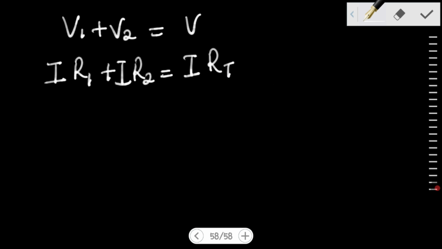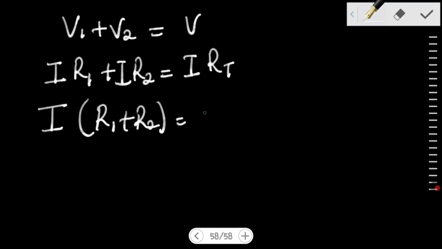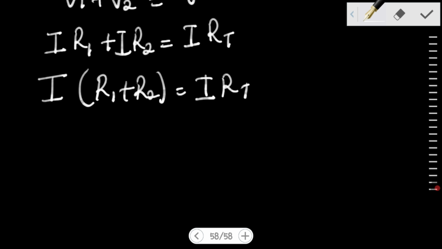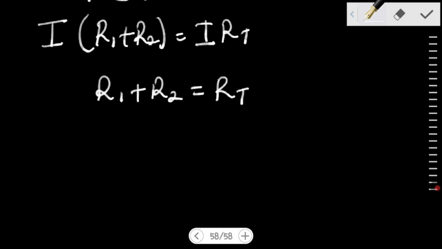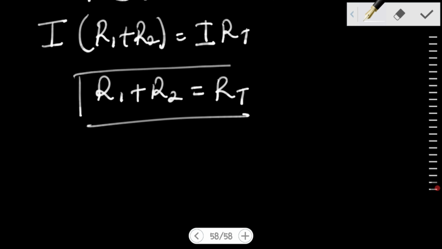Since current is the same, if I factorize out the current, I(R1 plus R2) will be equal to IRT. The current cancels out, so R1 plus R2 is equal to RT, and therefore this is how I can get effective resistance in series connection.